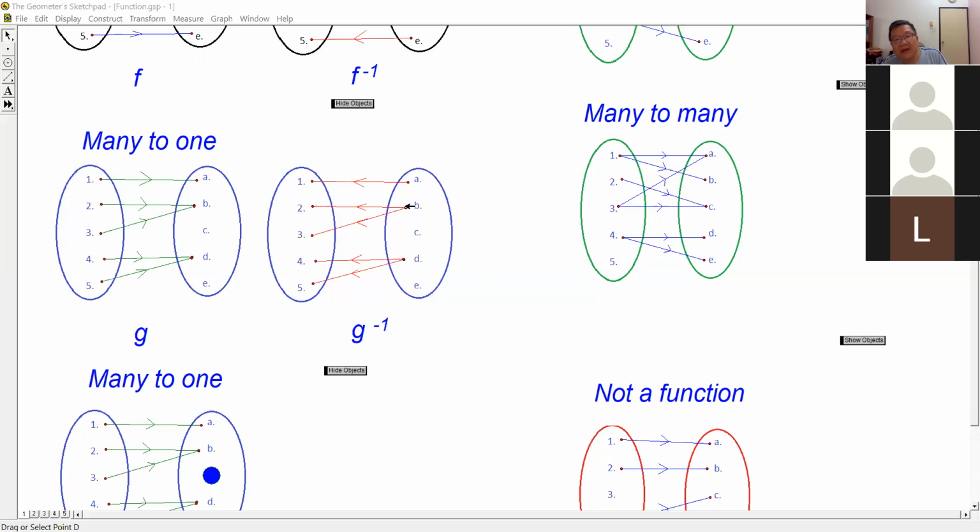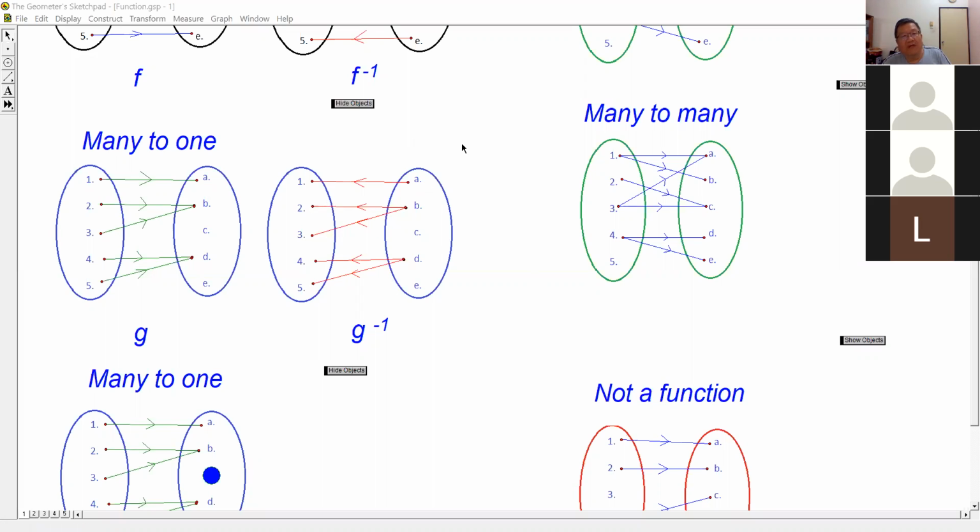You see that this is one-to-many. Can you see this element B here? B maps onto two images. So can this be a function or not? No, this is not a function.